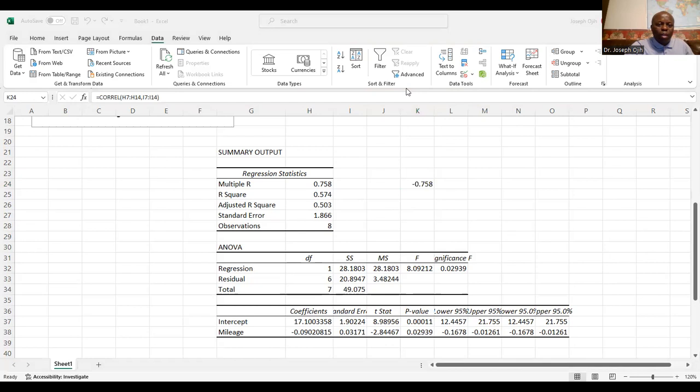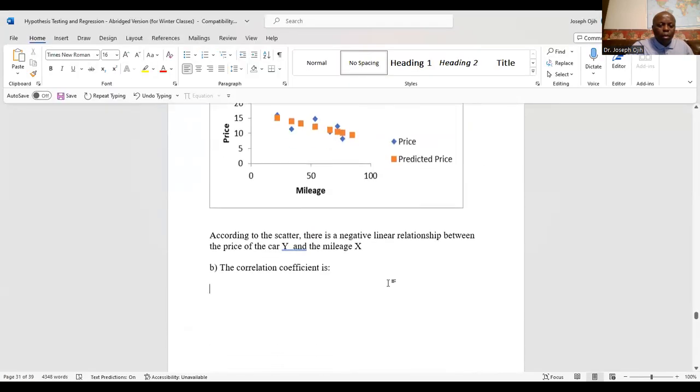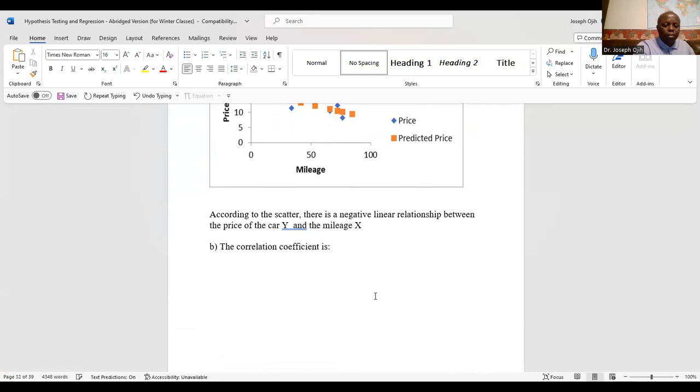So which means that we go down to here. Our R equals negative 0.758.